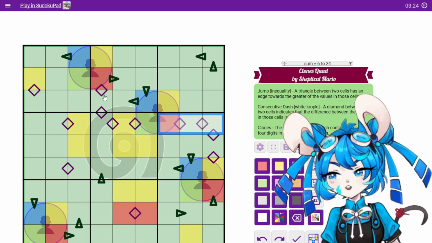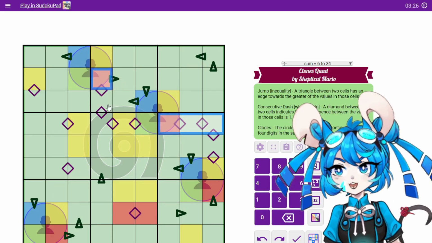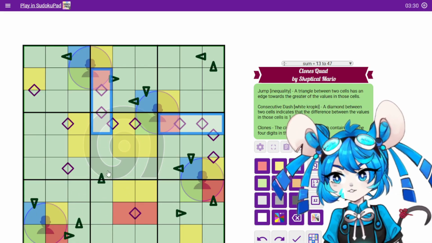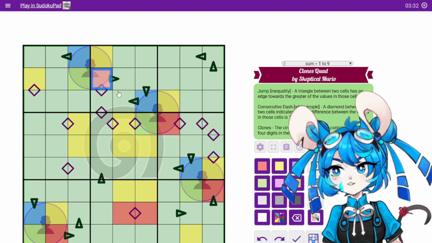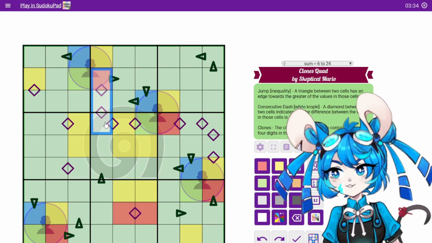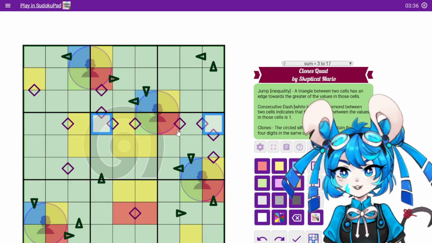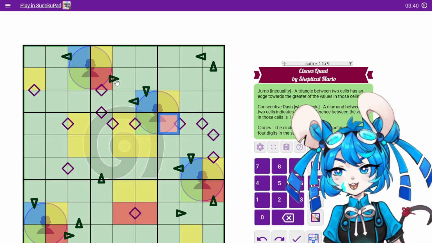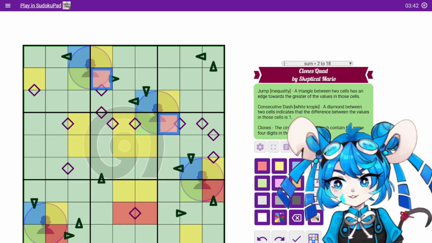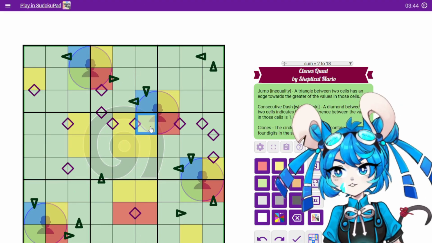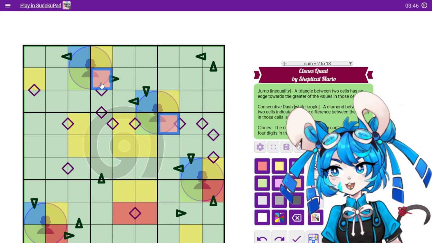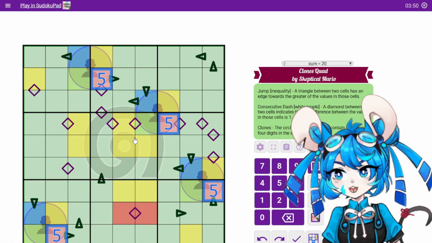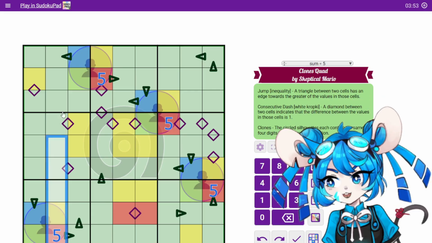Which means, if the chains both go in the same direction, if they start low and go high from this red digit, then these two cells would be identical. So that means they have to diverge from the red cell, which means one has to go up and the other one has to go down, which means they both have to start at 5, which means the red cell is 5. The red digit is 5.